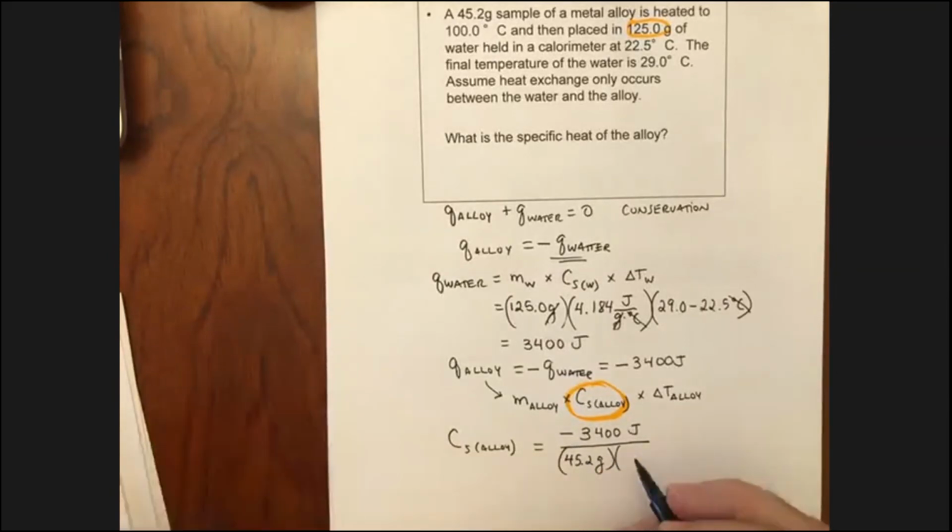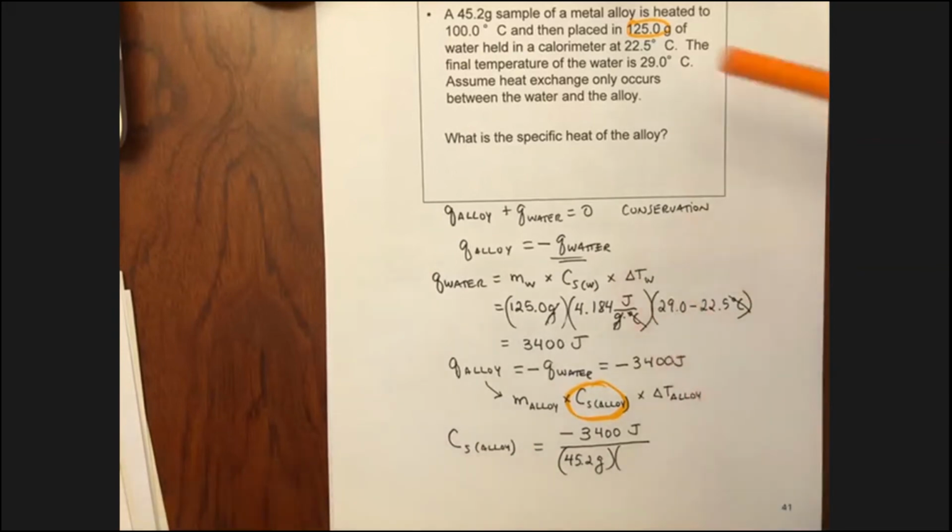And now let's look at the temperature change for the alloy. This is what's important. Final minus initial. In this case, we have to make the assumption that when the water arrived at 29.0 degrees, that is the same temperature to which the alloy arrived.